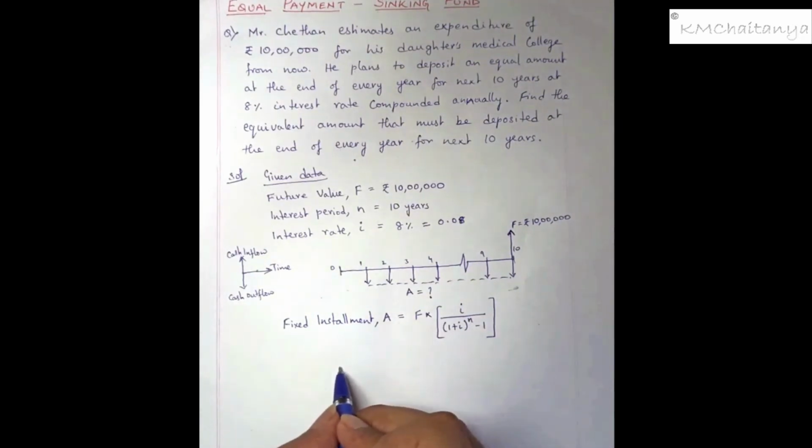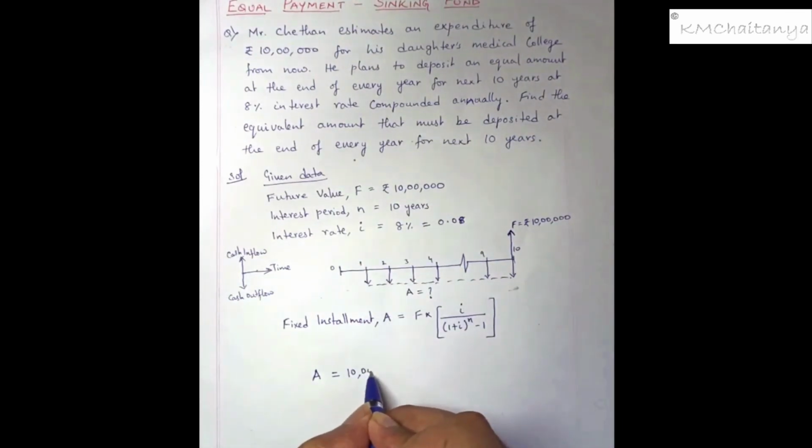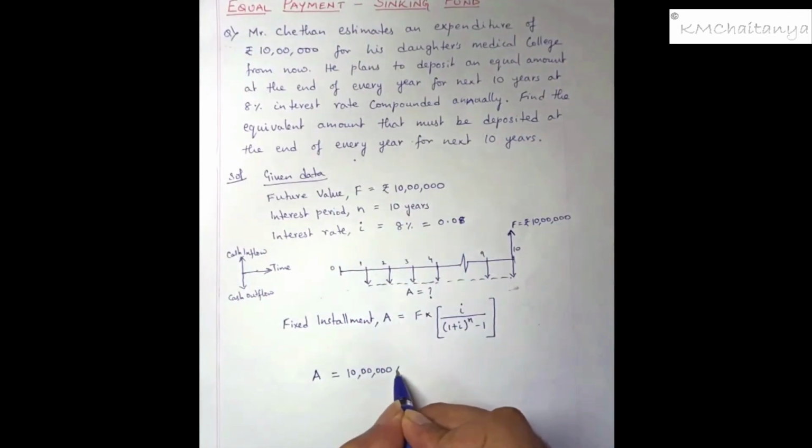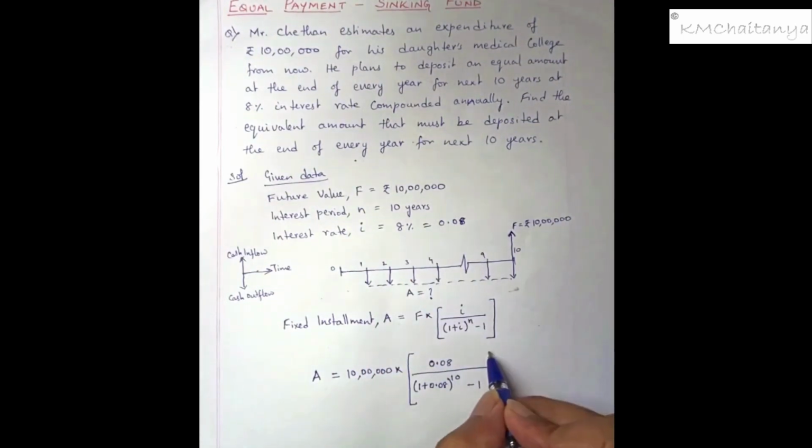I'm going to write it over to this side, which is equal to the value of A. So future sum is 10 lakhs multiplied by rate of interest is 8%, which is 0.08 divided by 1 plus I value, which is again 0.08, to the power of n. N is 10 years, minus 1.